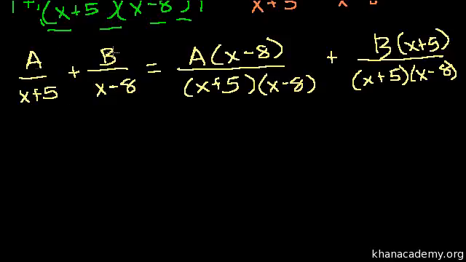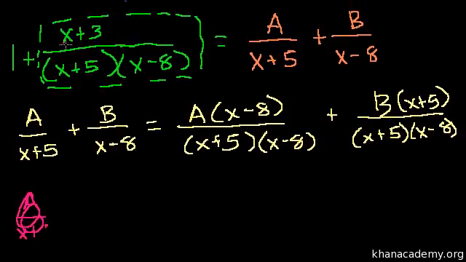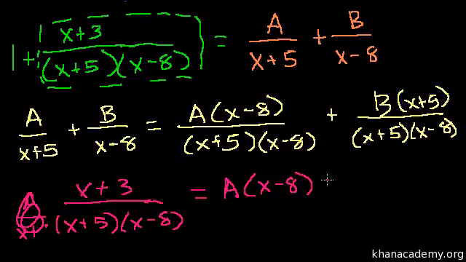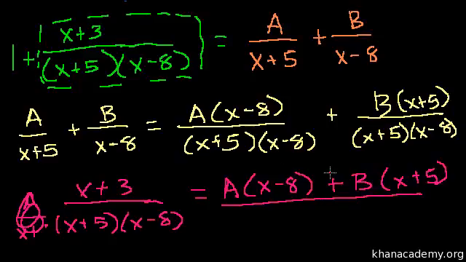I want to write x plus 3 over x plus 5 times x minus 8 is equal to the sum of these two things on top, a times x minus 8 plus b times x plus 5, all of that over their common denominator, x plus 5 times x minus 8.